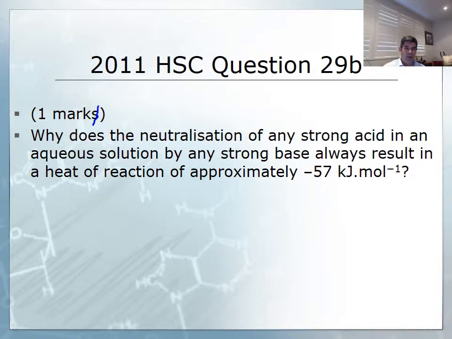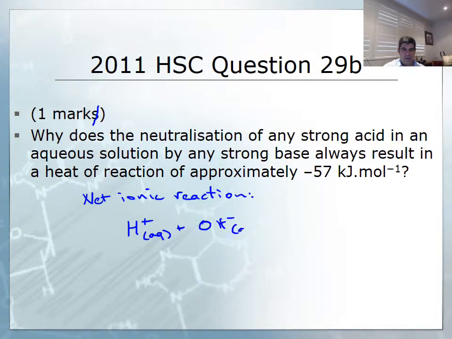But hopefully what you've realized is that the net ionic reaction for any strong acid versus strong base is going to be H plus ions, aqueous, combining with OH minus ions. Since we're doing HSC questions, we'll make sure that we use our subscripts to water.